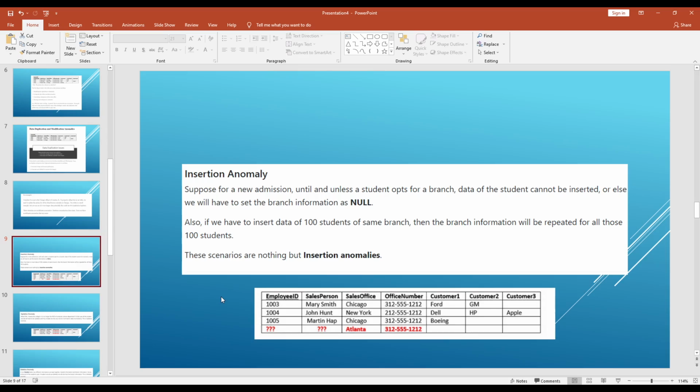Also, if we have to insert data of 100 students of the same branch, then the branch information will be repeated for those 100 students. These scenarios are insertion anomalies.